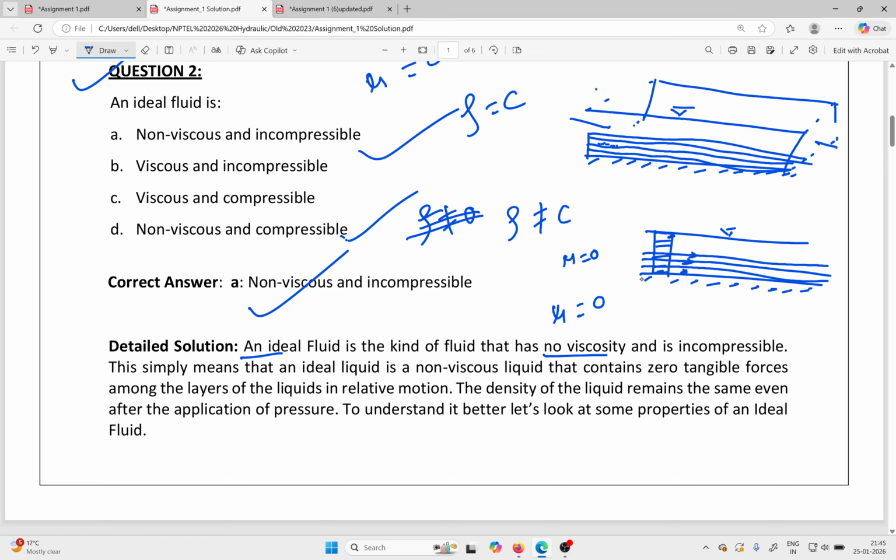But if the fluid has resistance, then the velocity at the bed will be zero. Then this layer tries to resist this layer, and this layer tries to resist the next layer. As you move up from the bottom, the effect of the bottom reduces.